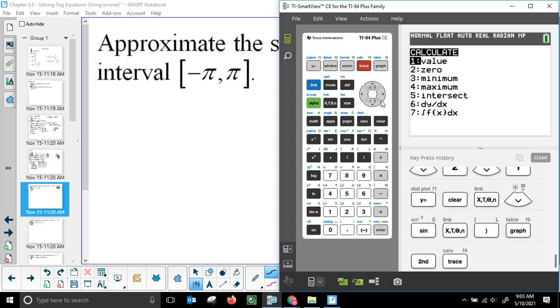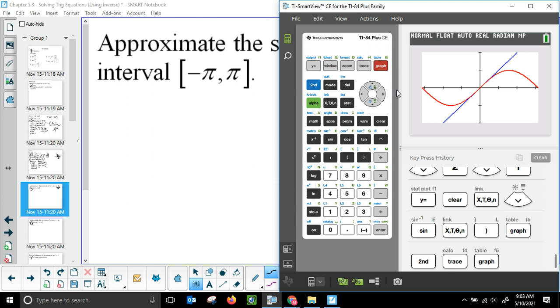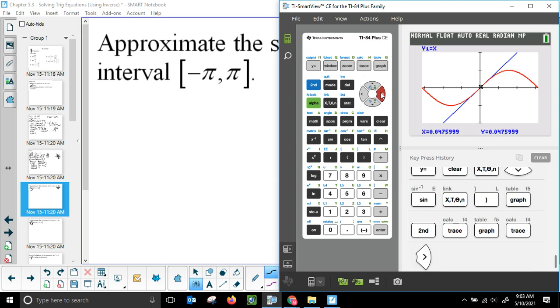We hit second trace. Guys, I can't specify enough: do not just hit trace and try to figure out where this is. I know students do that all the time because they're way off. Your calculator is very precise and has a very small margin of error.